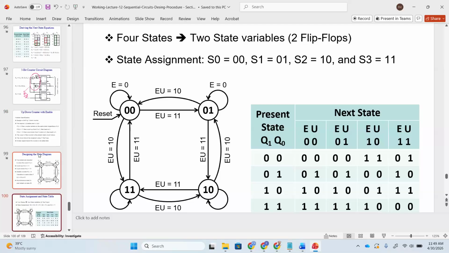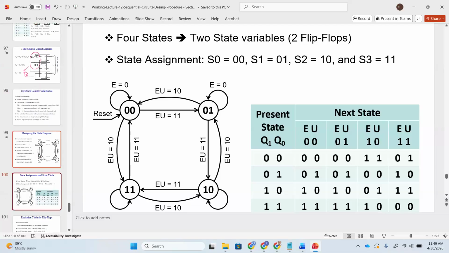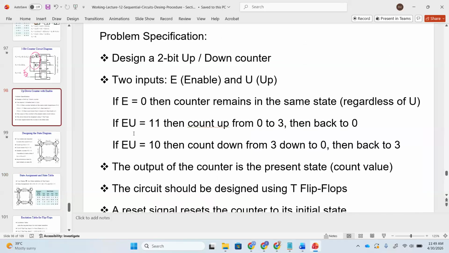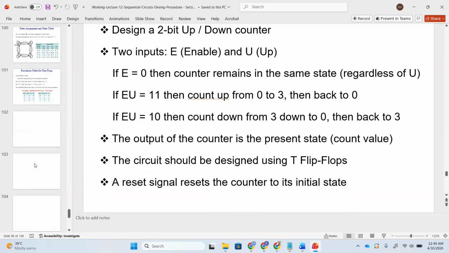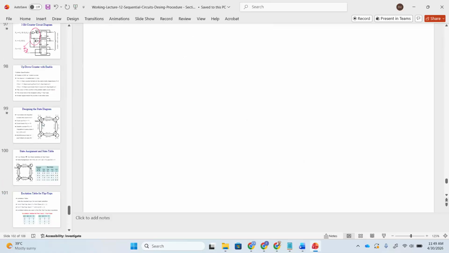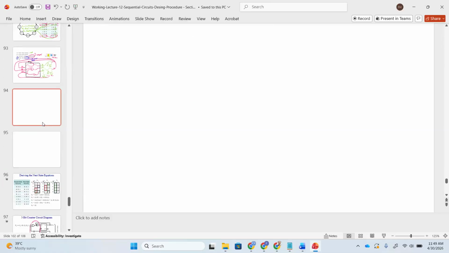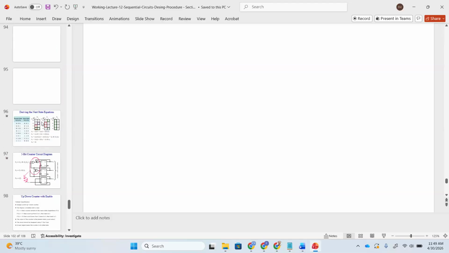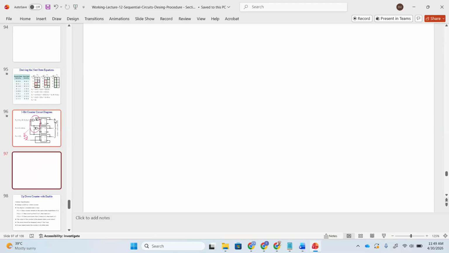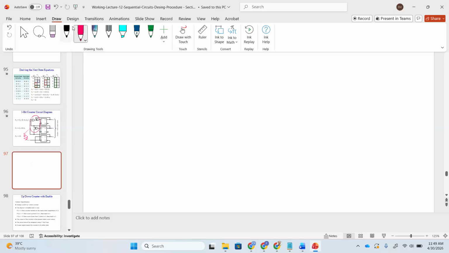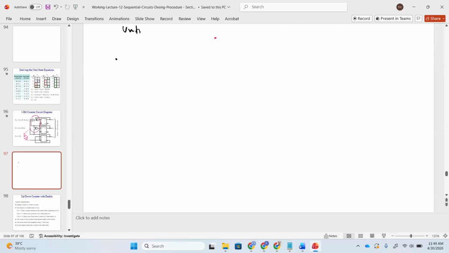Okay, now there is another problem, and that problem is more complicated. Please remember, until now we have covered some FSM based examples.